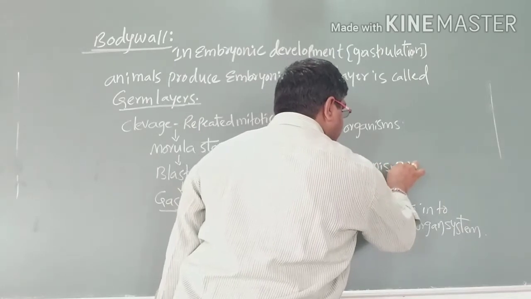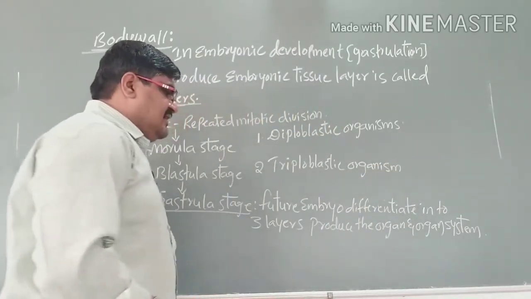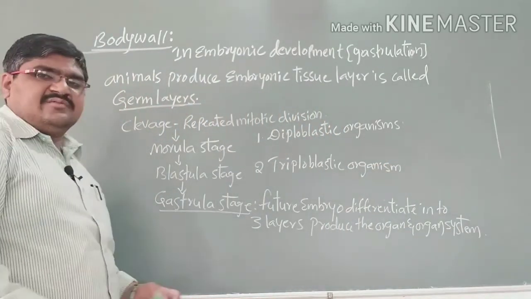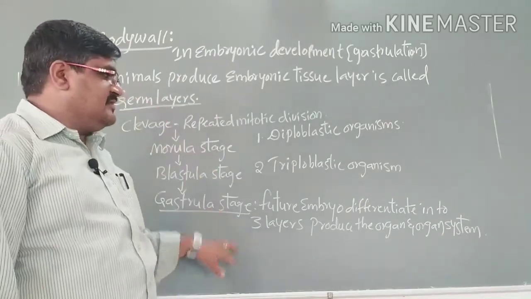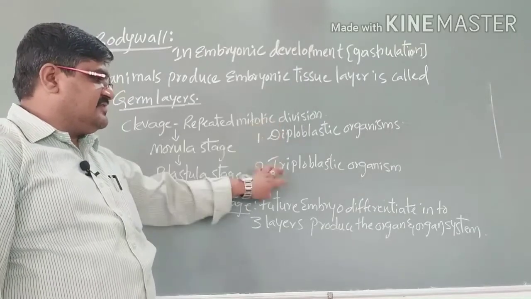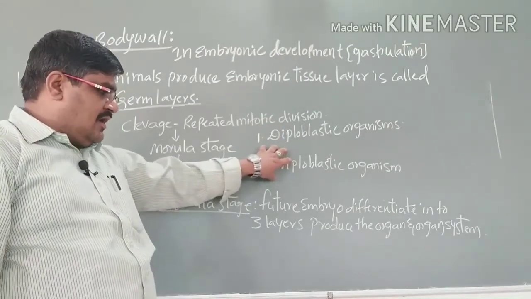So based on the presence of these germ layers, the animals or organisms are classified into two types: diploblastic organisms and triploblastic organisms.